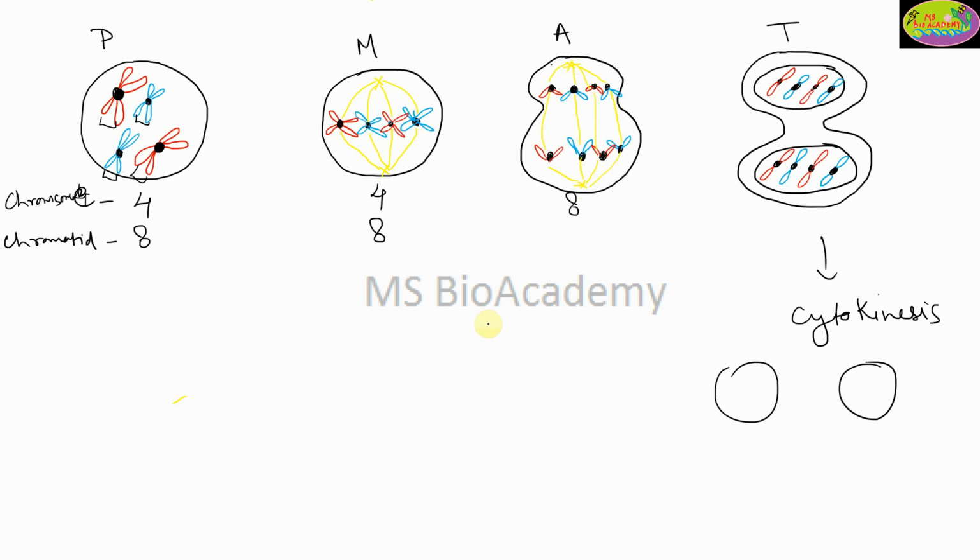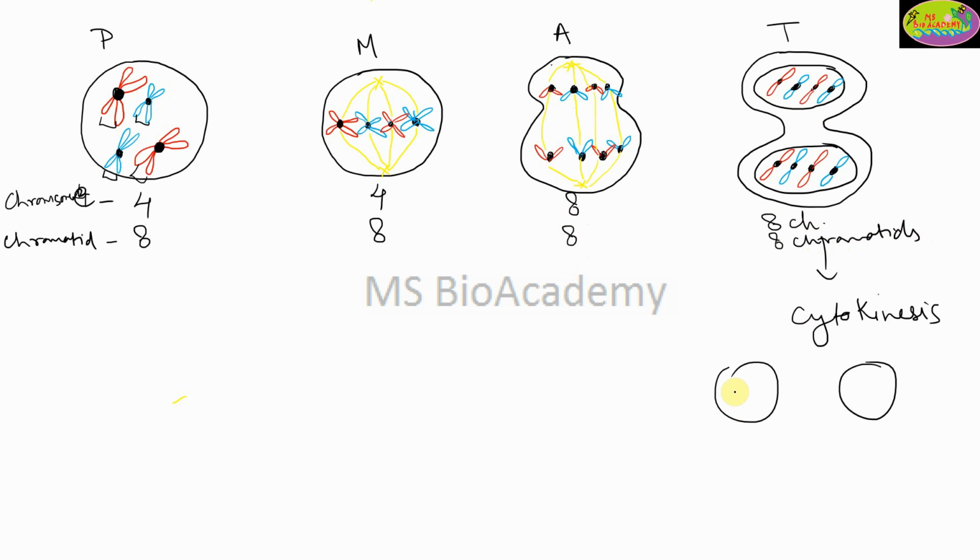So 8 chromosomes. And what about the chromatids? 1, 2, 3, 4, 5, 6, 7, 8. So 8 sister chromatids, 8 chromosomes. Again here also in the same way there are 8 chromosomes and 8 chromatids.